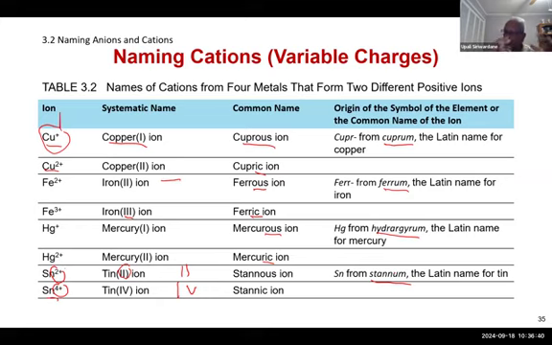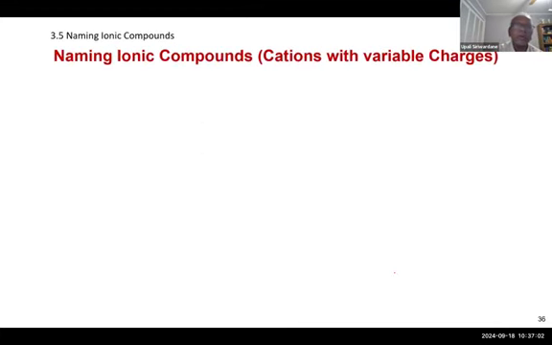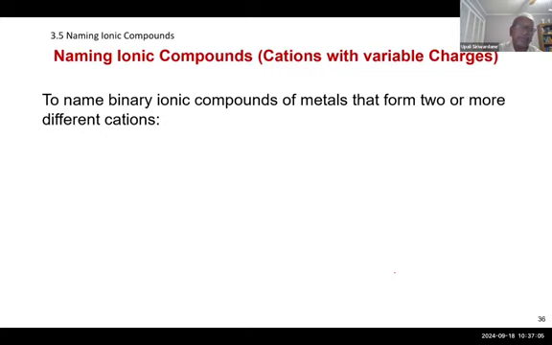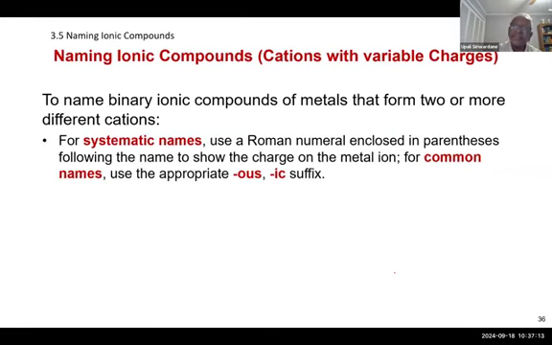When you have transition metals or elements that can have more than one charge, in the name of the compound you have to show the charge on the cation in parentheses after the name of the cation. To name binary compounds of metals that form two or more different cations, the systematic name uses parentheses. We talked about this.